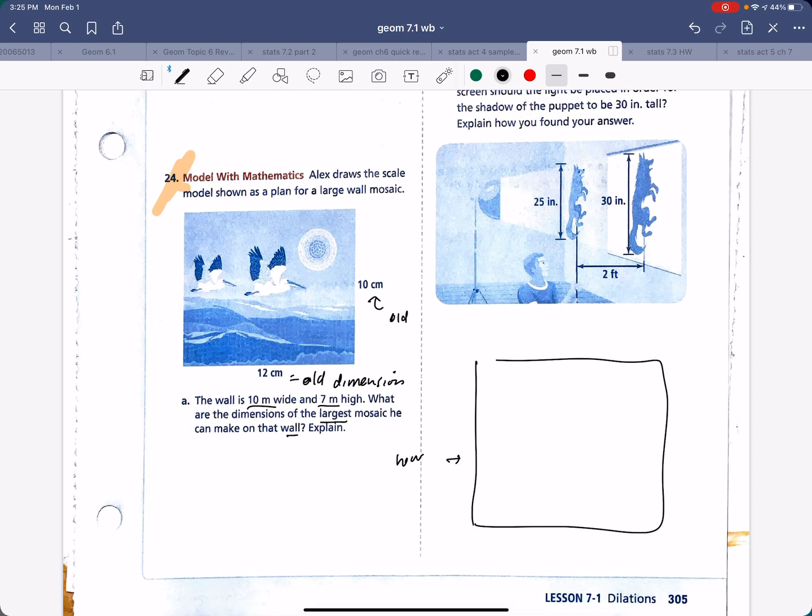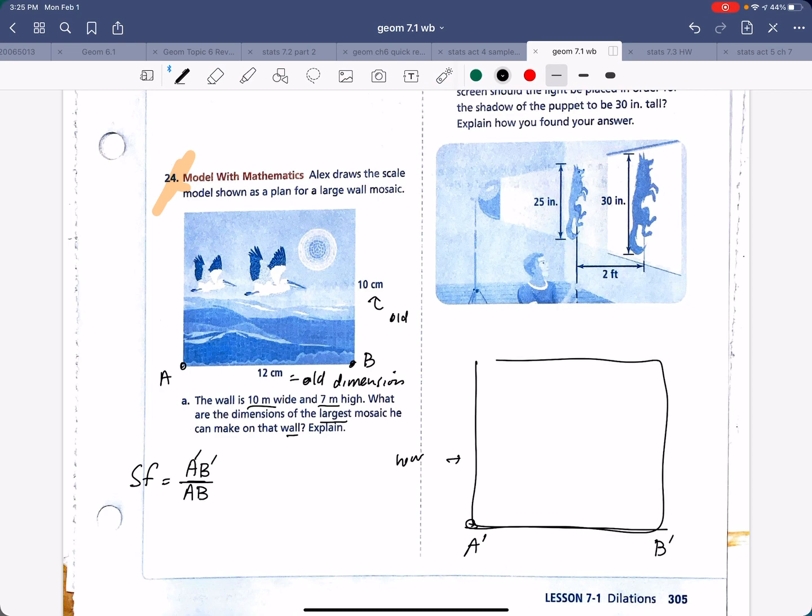And we know that my new length, so I'm going to call this AB, I knew that my old length, AB, over my new length, A prime B prime, should equal my scale factor, right? So they're wanting to know what's the largest I can fit.